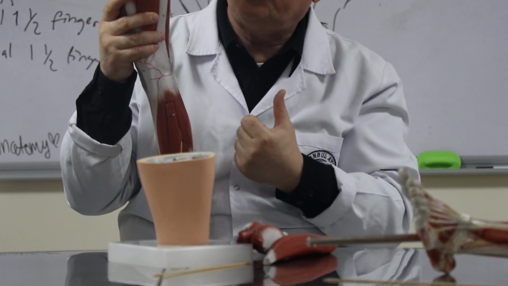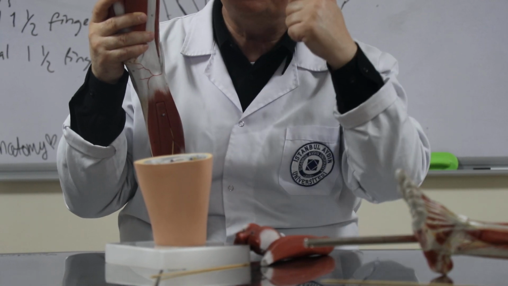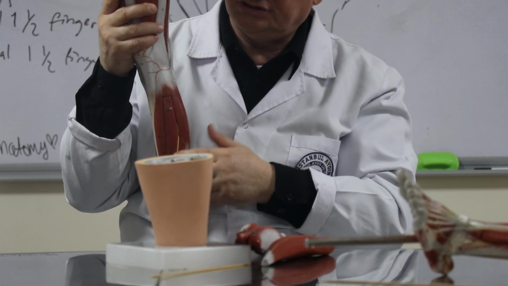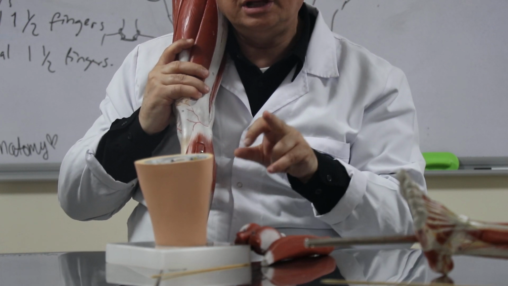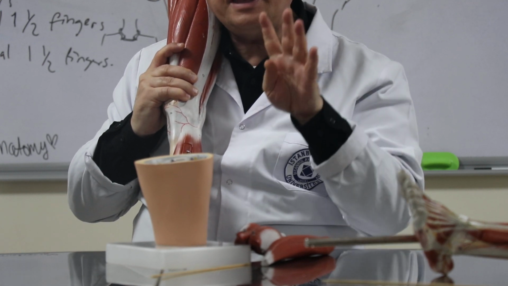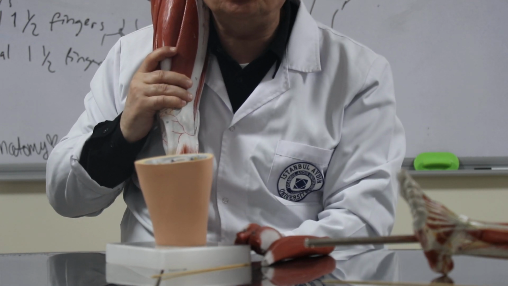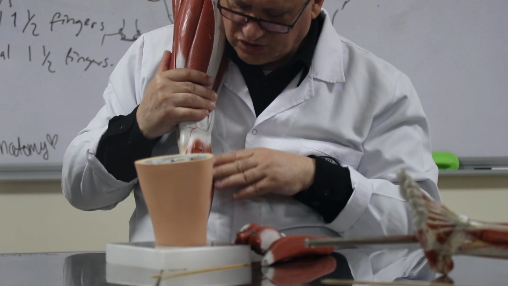So we have four muscles, right? One of them is tibialis anterior, extensor digitorum longus, extensor hallucis longus, and peroneus tertius, right? So we have four muscles, okay?